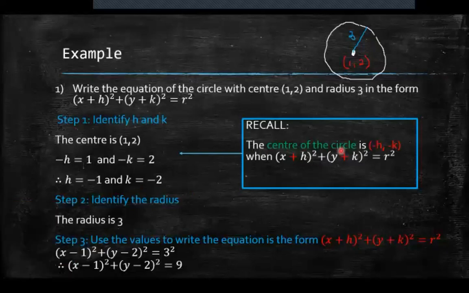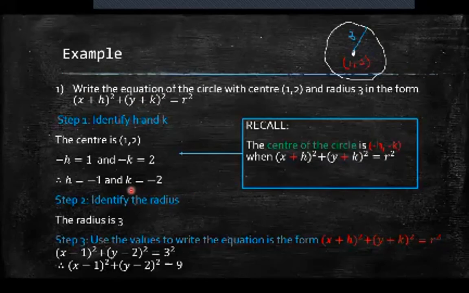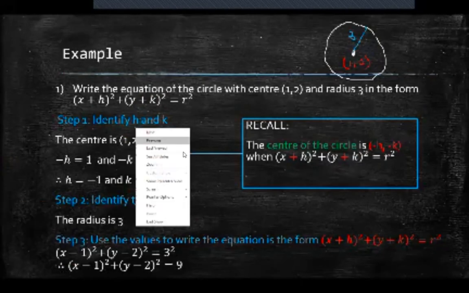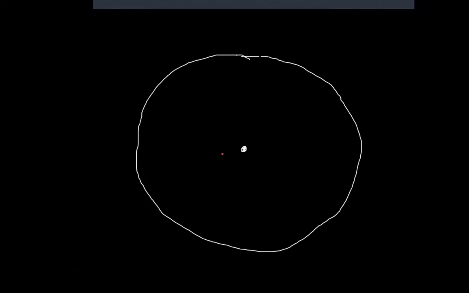So the center of the circle, when using this form, the two positives, the center of the circle is minus h, minus k. Let me go to the board to show you this. I don't want to confuse anybody. So this is my circle. Center.